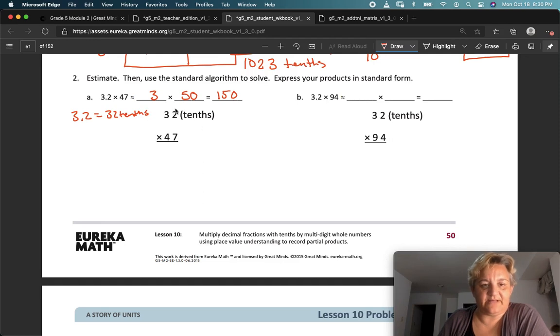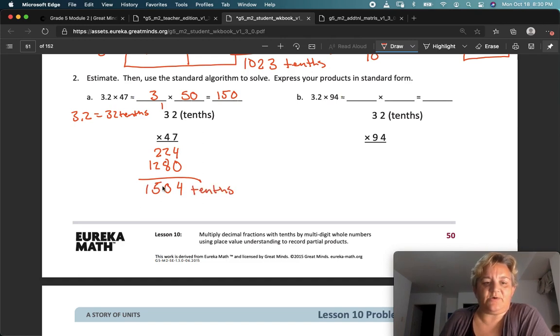Okay, for my standard algorithm. 7 times 2 is 14, carry the 1. 7 times 3 is 21, plus 1 is 22, drop the 0. 4 times 2 is 8. 4 times 3 is 12, and 4, 5, 1 tenths.